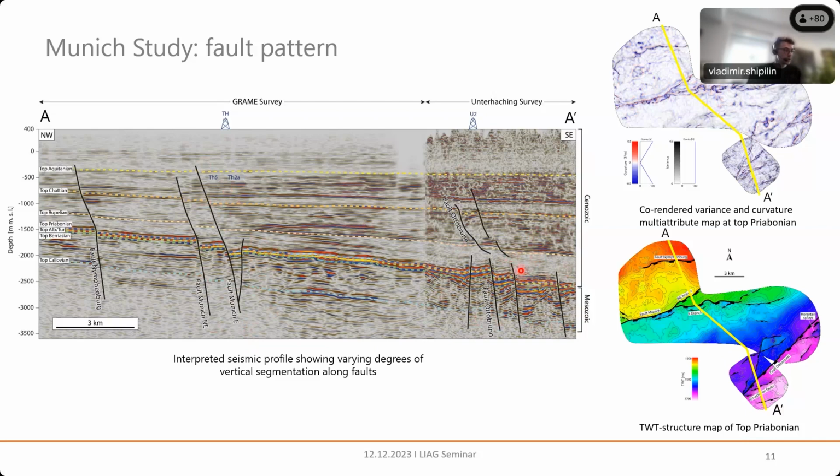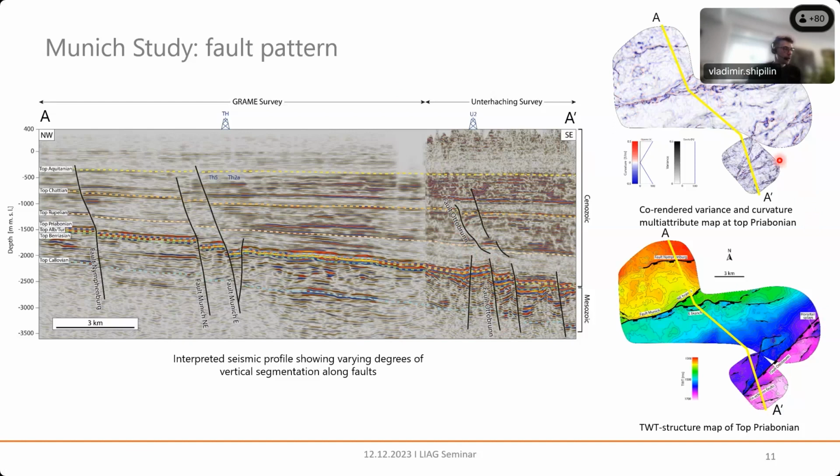We've got lower faults that are geometrically decoupled from the upper faults, and these fault segments are interpreted as fault segments of fault Ottobrunn that I mentioned previously.